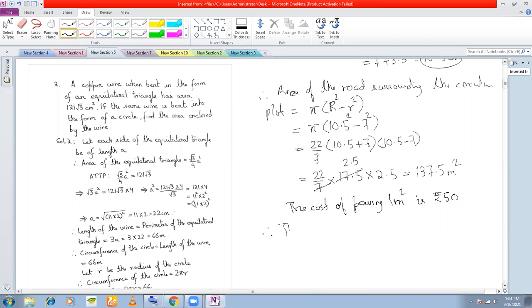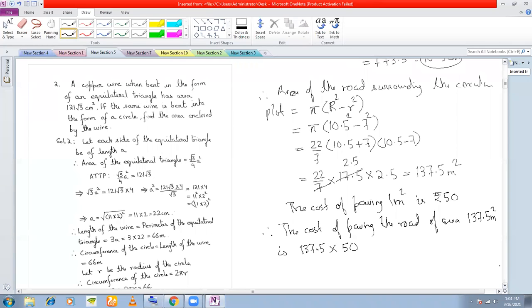Therefore, the cost of paving the road of area 137.5 meter square is 137.5 into 50.